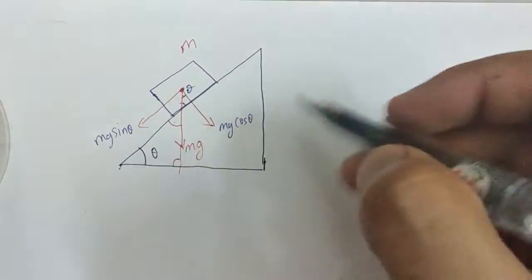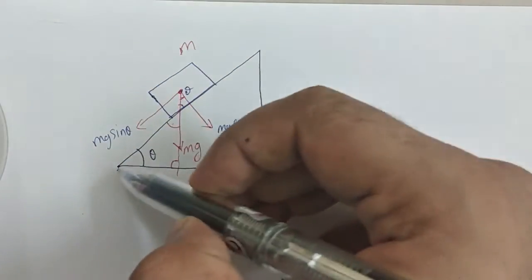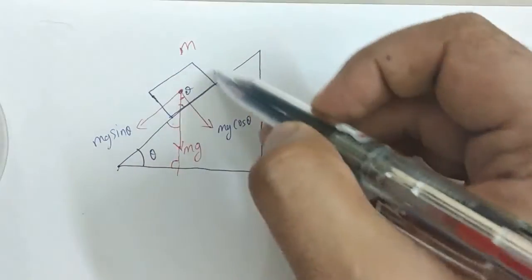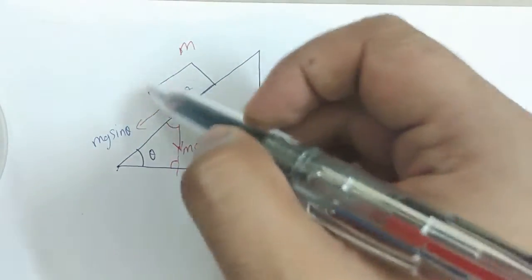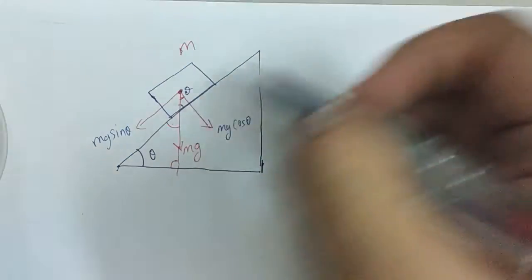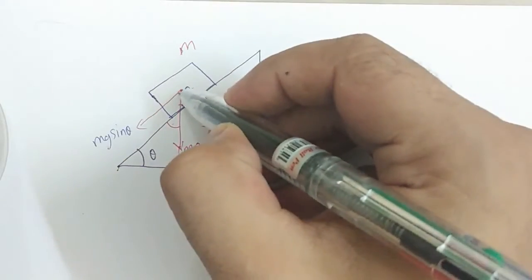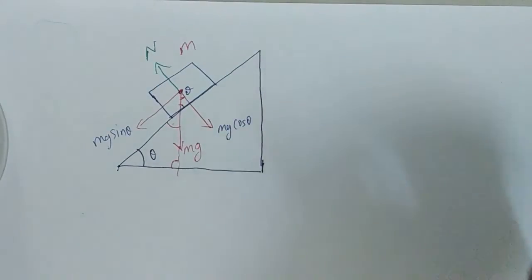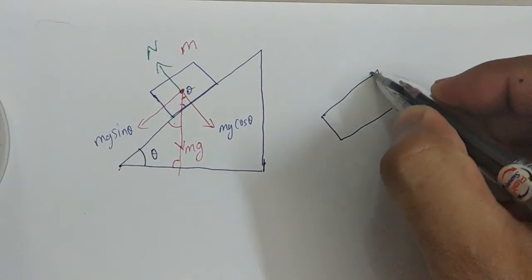Now in this situation, we know that the plane exerts a normal reaction on this block, and in turn the block exerts an equal and opposite reaction on the plane. Let the normal reaction on the block be N. So in this case we can isolate the block and draw the free body diagram of the block.